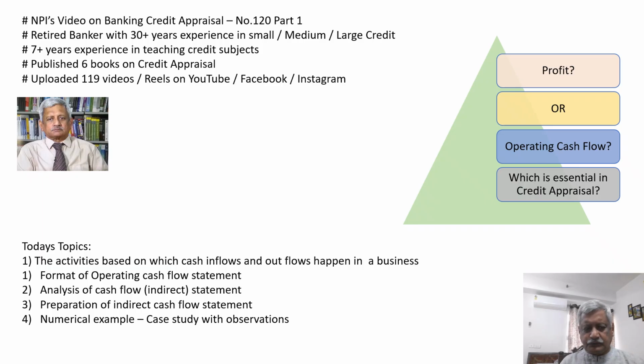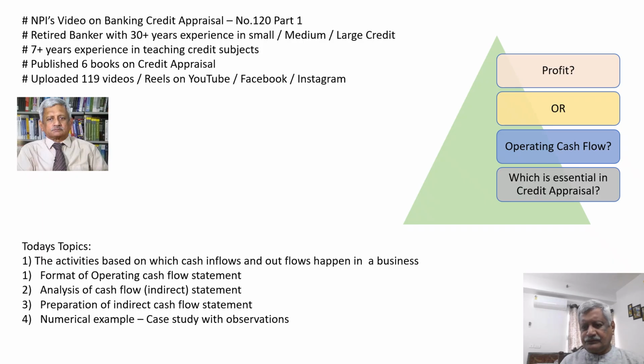So what we are going to do is discuss the activities based on which cash inflows and outflows happen in a business, the format of the operating cash flow statement, analysis of the indirect cash flow statement, preparation of an indirect cash flow statement, a numerical example, and a case study with observations.